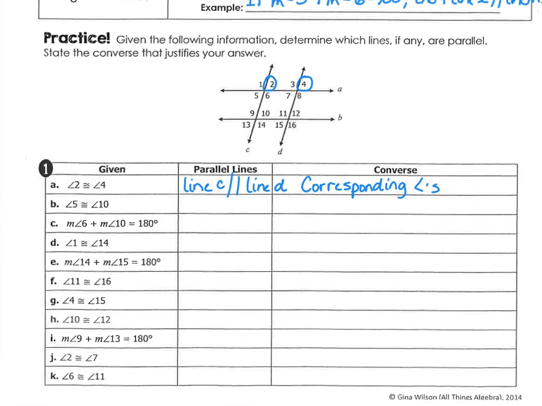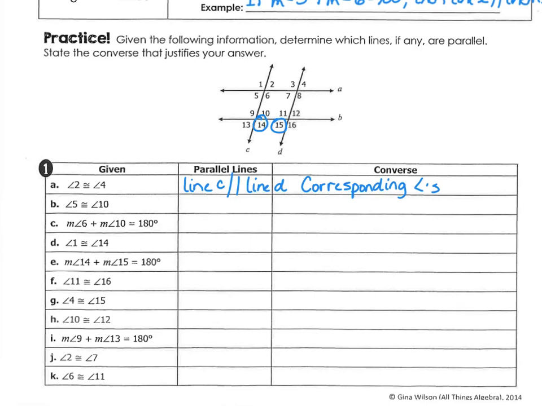Okay, moving down to 1E. 1E says that the measure of angle 14 plus the measure of angle 15 is equal to 180 degrees.